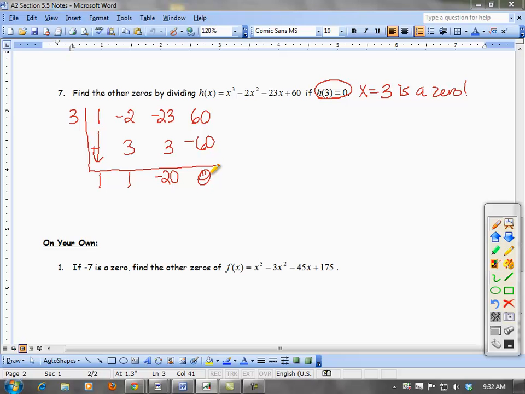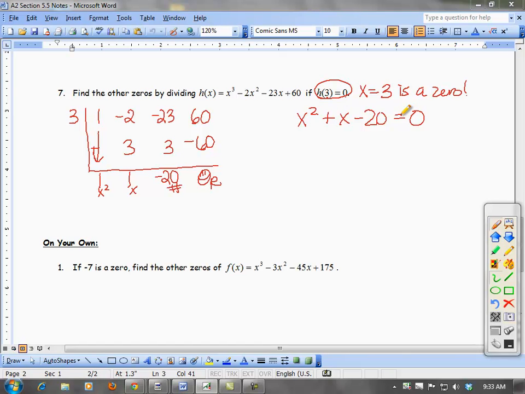That's a good thing because we don't want a remainder. So if this is my remainder, I have my constant, my x squared. So the polynomial I have is x squared plus x minus 20, and I want to find the other zeros, so I set it equal to 0.